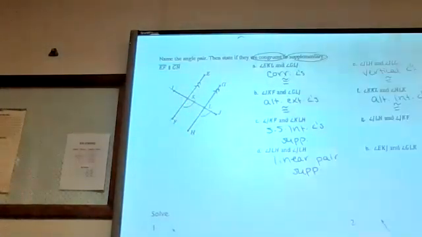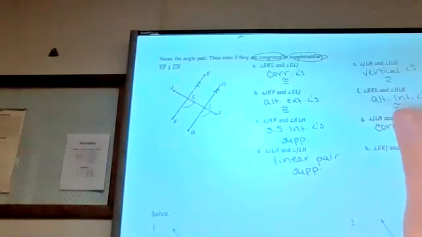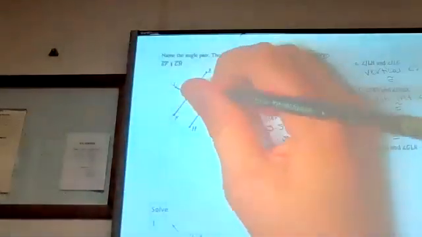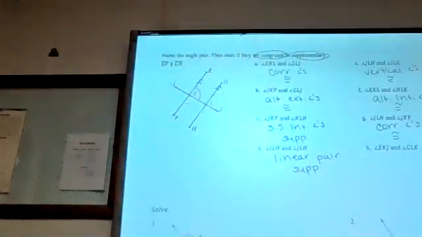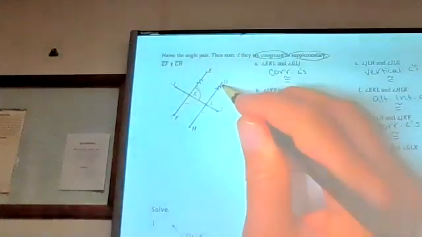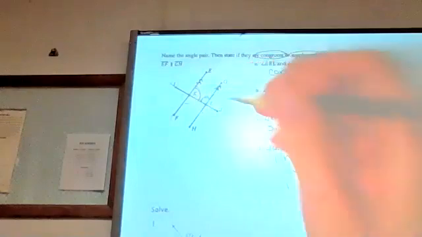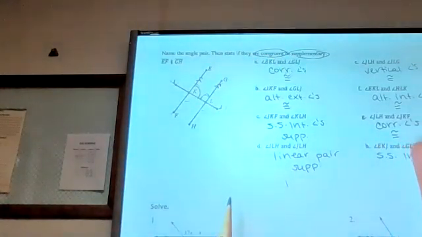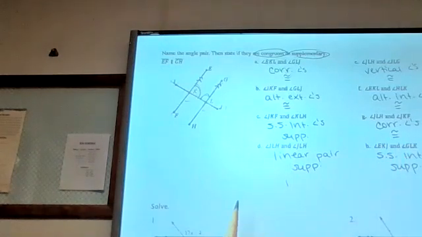Corresponding angles. Last one, EKJ and GLK. Same side interior. Supplementary.